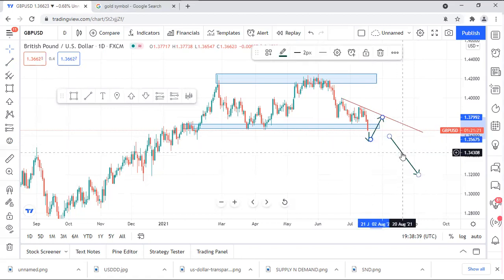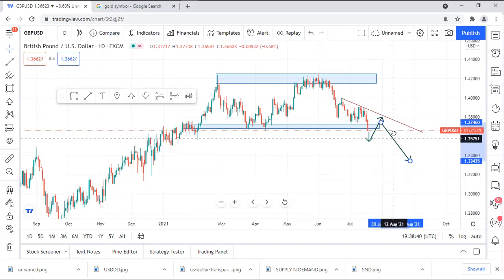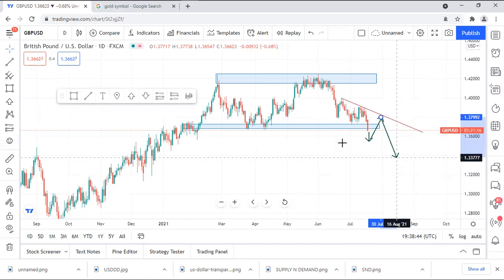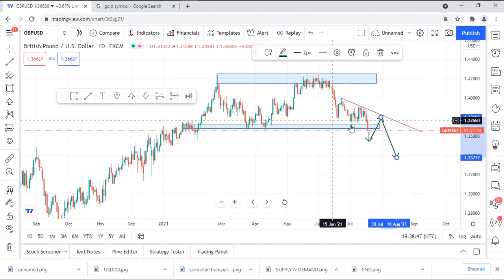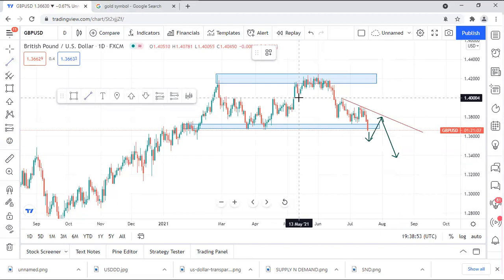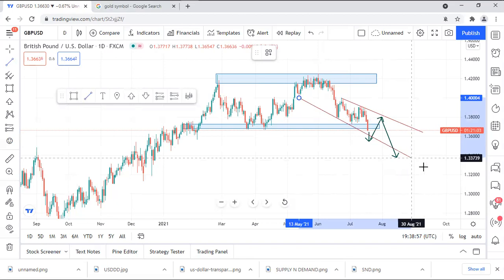Then a push down somewhere there. So we do not anticipate that price will just go like this. This is a probability of how this price will play.